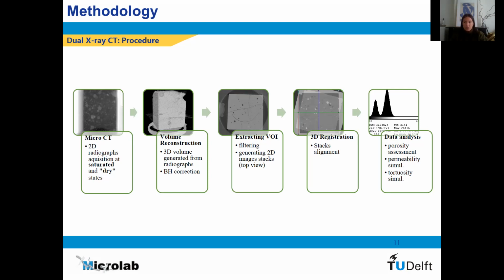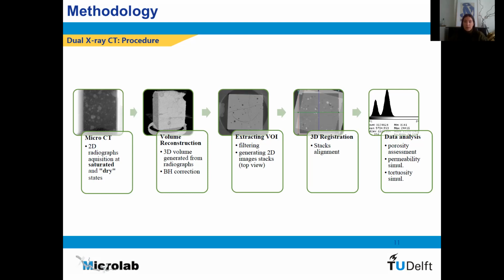Of course, for each of these sets of 2D radiographs, we perform a volume reconstruction to transform from 2D radiographs to a 3D volume. And we correct for different image artifacts that can occur. And we perform as well filtering in order to prevent the propagation of image noise.